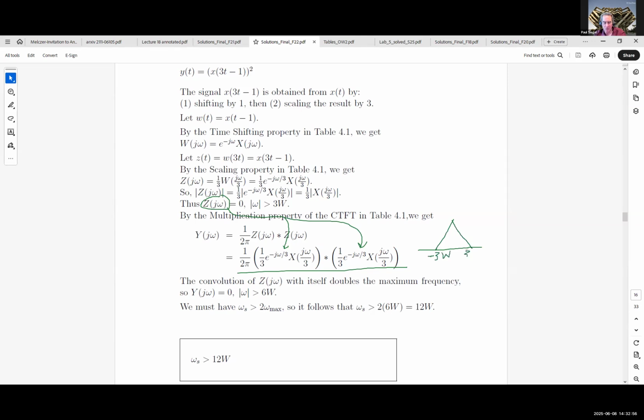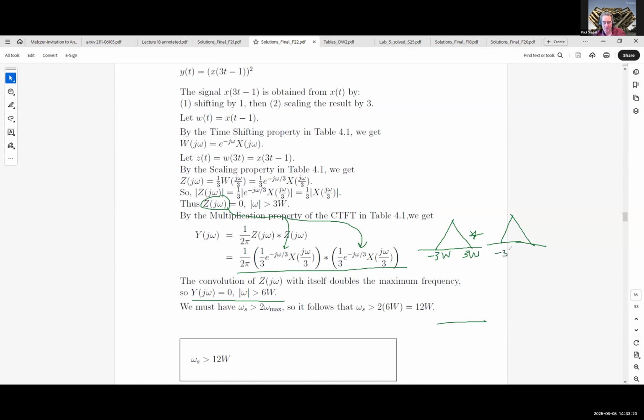And we know that when you do convolution of two band limited signals, the maximum bandwidth becomes the sum. So we know that Y of j omega is going to be 0 outside of, so that's going to be this convolved with this, kind of with itself.